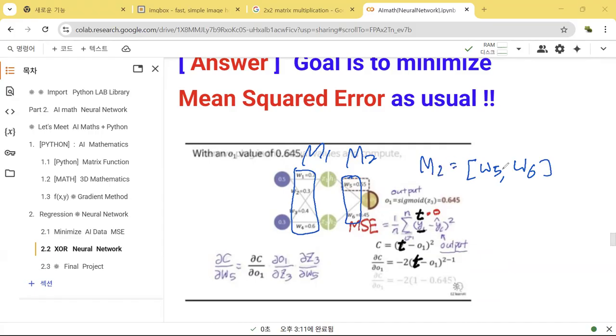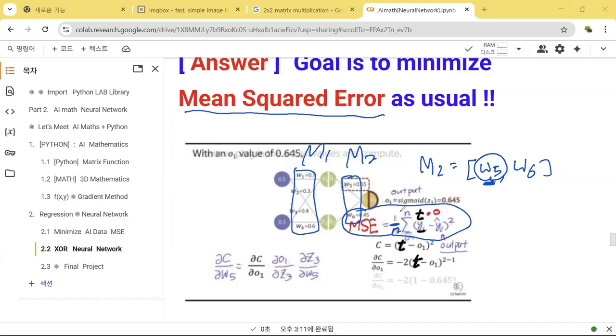Then by gradient descent method, to find out the true value of this one, you must calculate the derivative with respect to this variable. And then our goal is to minimize mean squared error. So as the mean squared error is decreased to zero, then true value and y value must be the same. So our goal is to minimize this mean squared error. Then mean squared error has a division by n.